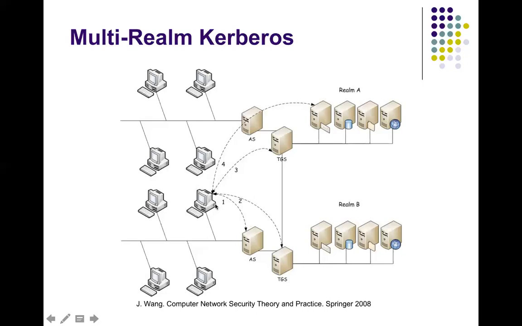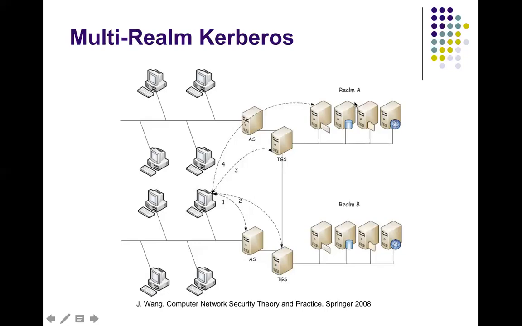So of course, he would first need to authenticate himself, and then he will get a ticket. But this time he will say, I am not going to use the service in my own realm.